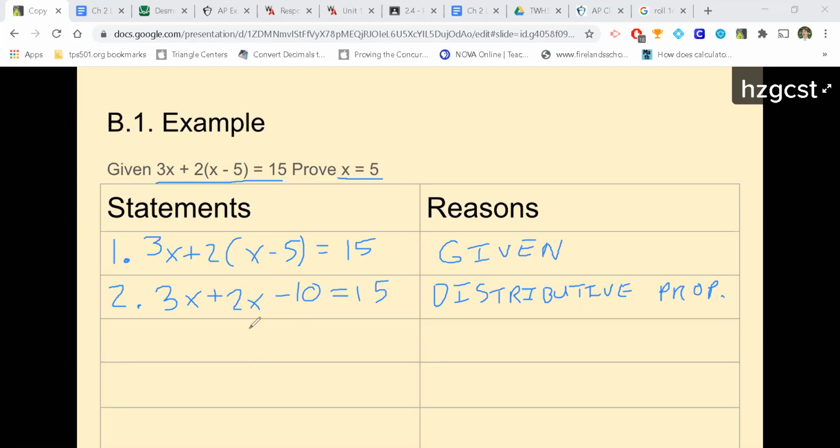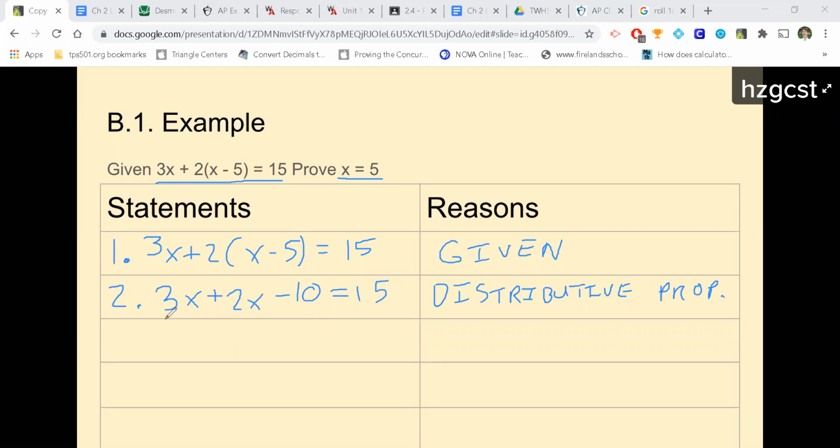All right, and this next step is really where I think our proofs could diverge. If you added 10 in this next step, that would be perfectly okay. Again, I always like to simplify first. I just like to take messy things and make them nice and neat first and then start solving it.